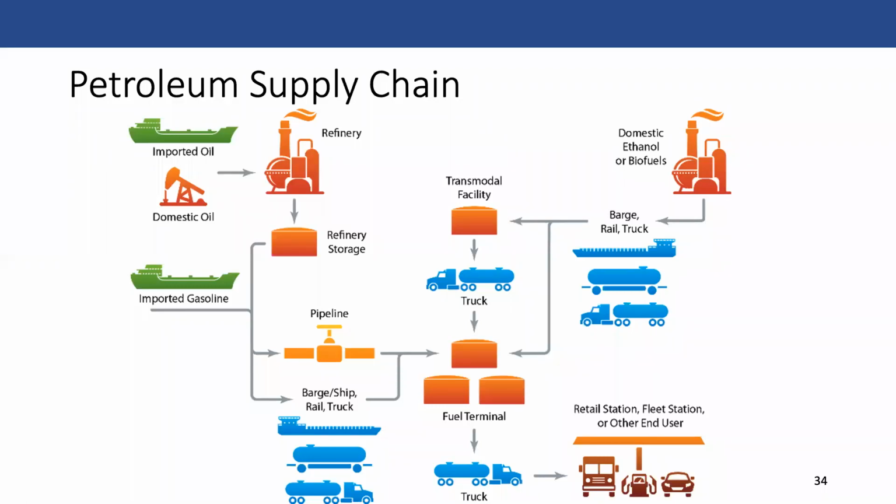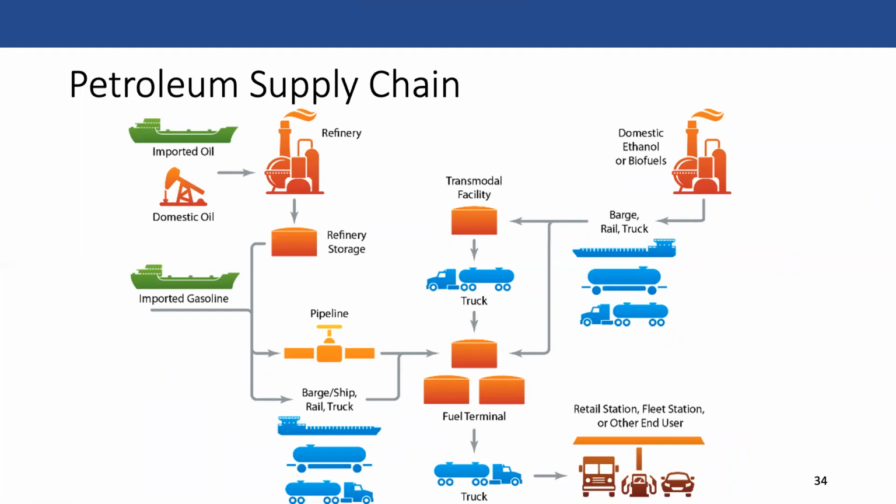That all gets transferred through pipelines and other modes of storage and transportation to ultimately what are known as bulk storage terminals. These fuel terminals are the endpoints right before the trucks that deliver fuel to our retail stations, the gas stations that you're used to.